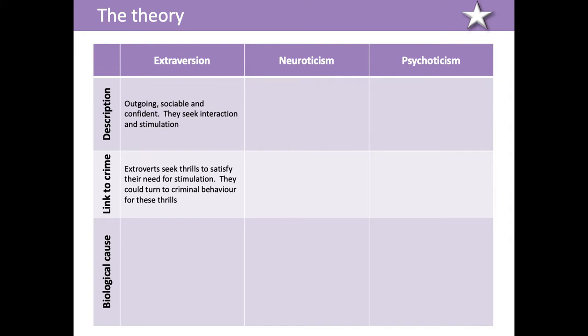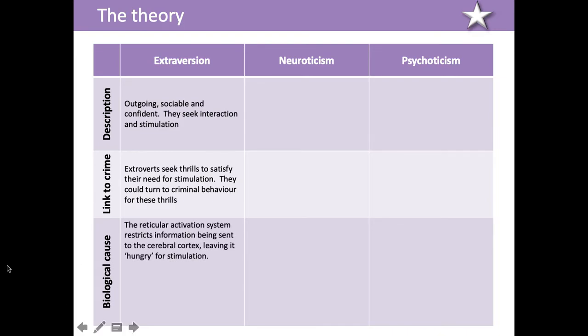That's fine when it sticks to being at a party and doing an extreme sport, but sometimes extroverts might look to criminal behaviour for these thrills, whether that's joyriding or getting away with burglary or fraud that they have to plan really carefully in order to get away with it. That thrill of potentially being caught, or the thrill of whatever it is that you're doing, could lead extroverts to crime.